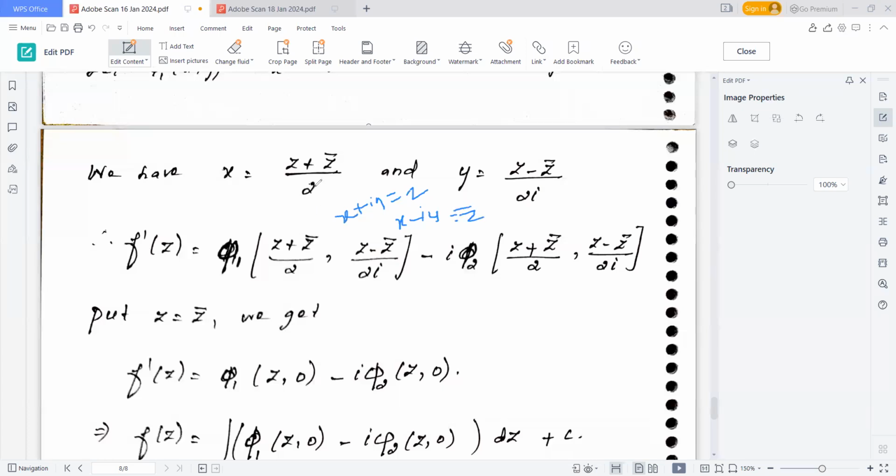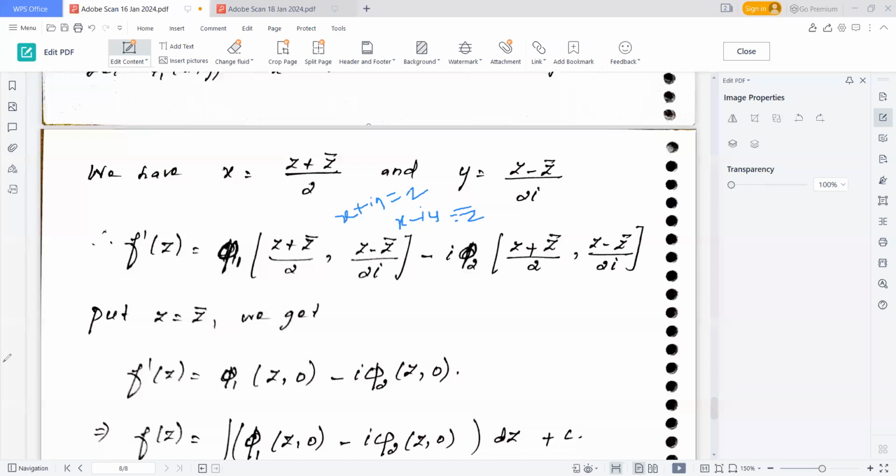If we need the value of x, then we have to add these two equations. If we need the value of y, then we need to subtract these two equations. We get x as z plus z bar by 2 and y as z minus z bar by 2i.